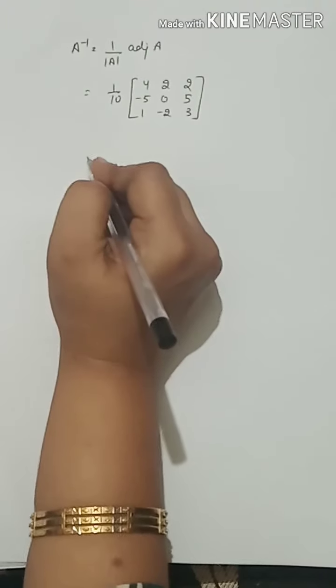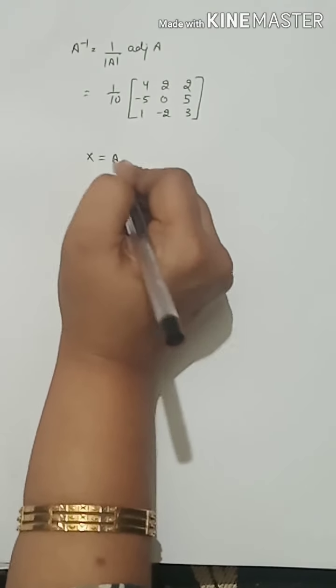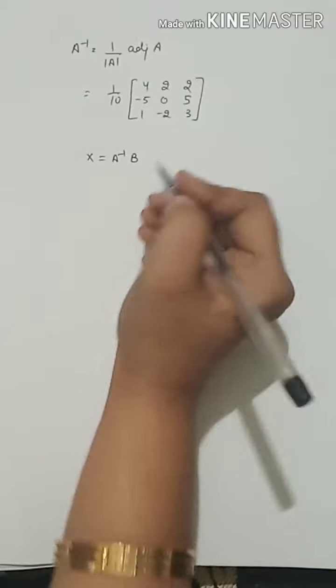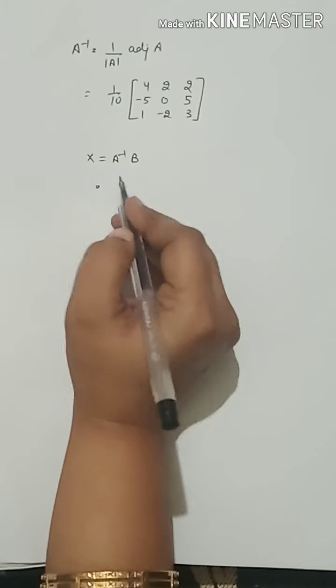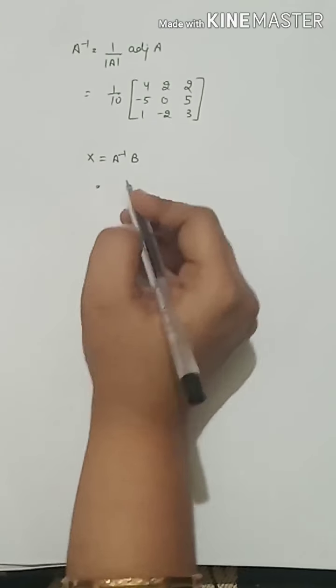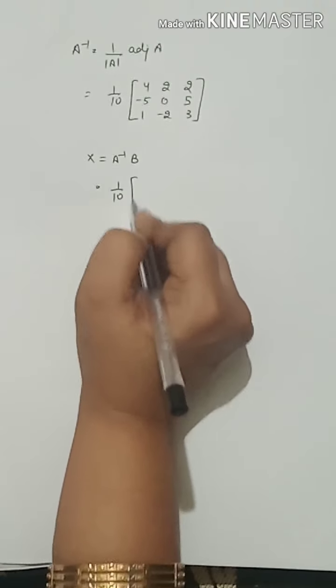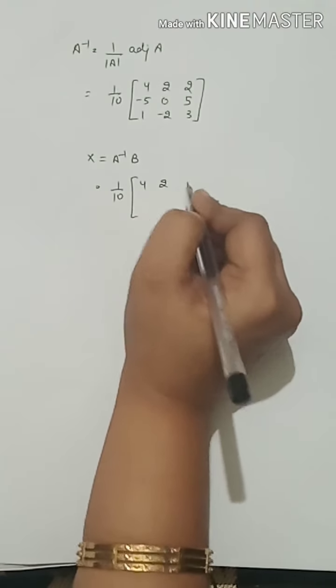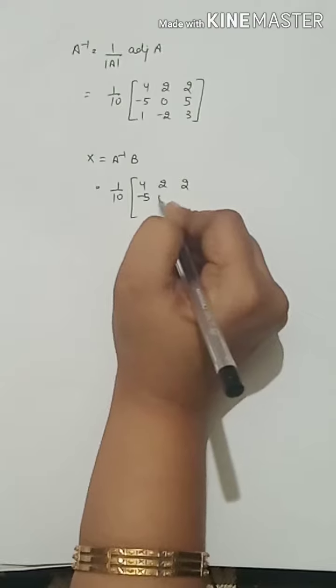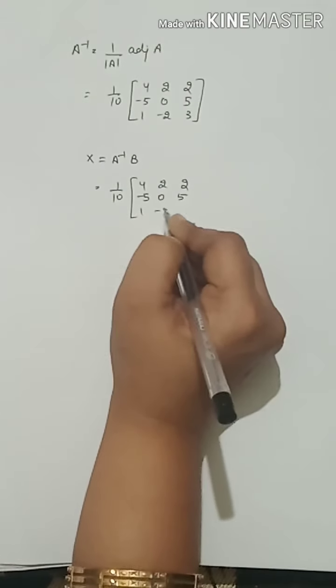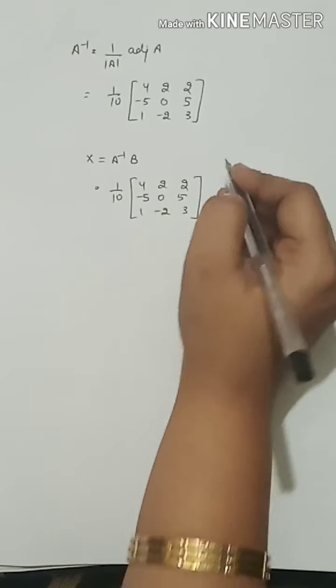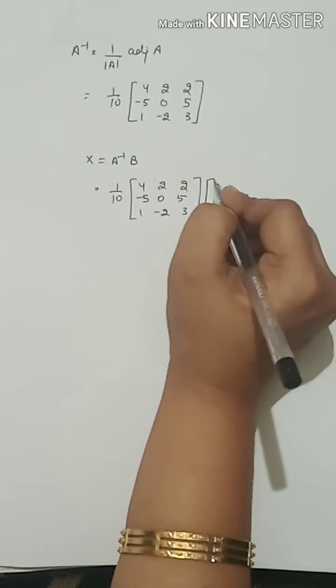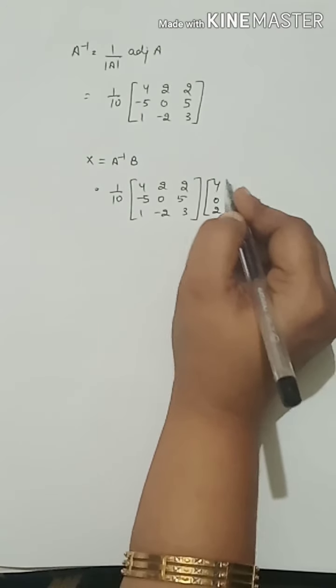And I told you the solution is given by X = A inverse B. Now substitute the values of A inverse and B. The value of A inverse is 1 upon 10 times the matrix [4, 2, 2; -5, 0, 5; 1, -2, 3], and the value of the matrix B is [4, 0, 2].